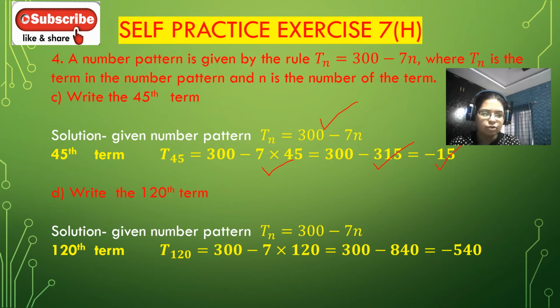So T120 equal to 300 minus 7 multiplied by 120. 7 multiplied by 120 is 840. So 300 minus 840 is minus 540. So minus 540 is the 120th term of the number pattern Tn equal to 300 minus 7n.